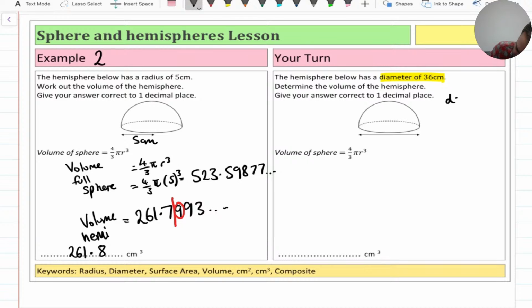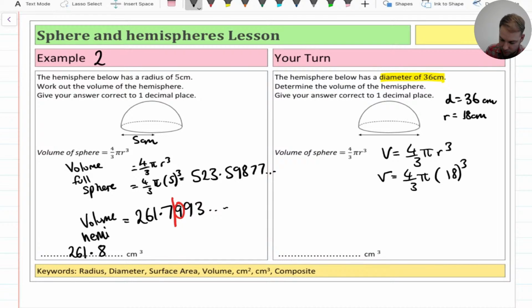So my diameter is equal to 36. So my radius is equal to half of that, which is going to be 18 centimetres. So my volume is equal to 4 over 3 pi r cubed. So my volume is equal to 4 over 3 pi times by 18 cubed.